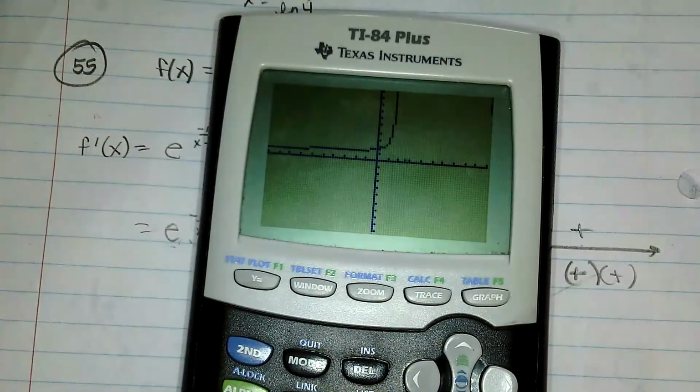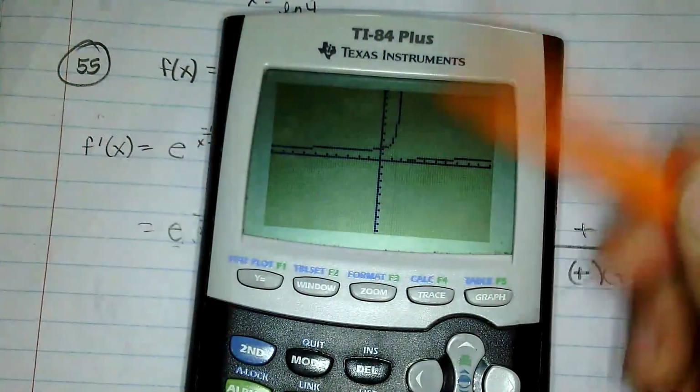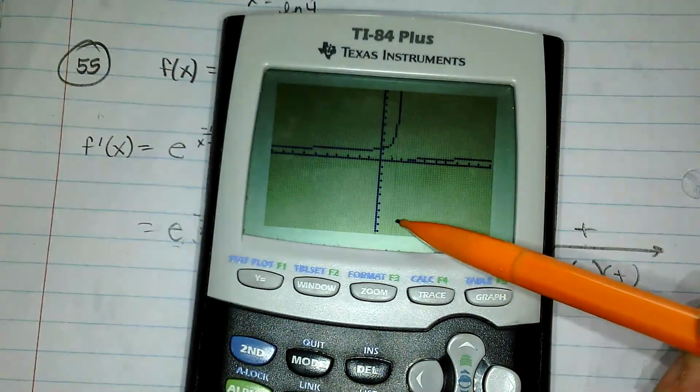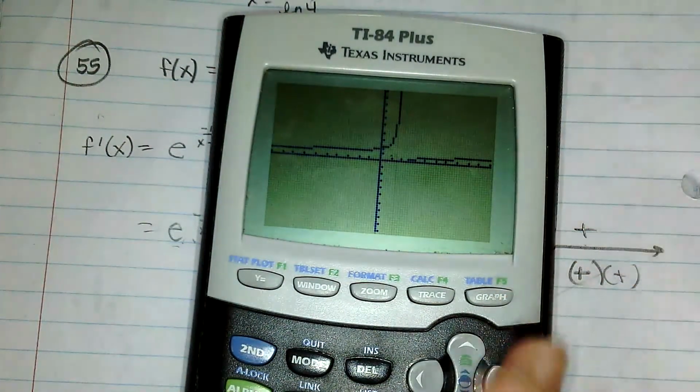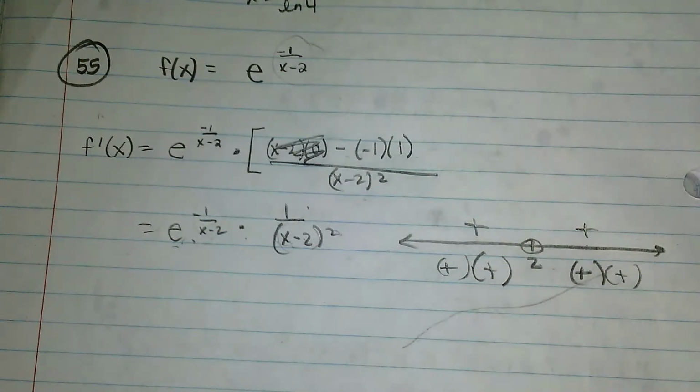So here it's increasing. Yep, and we have an asymptote, it looks like, at 2. So it's increasing, and then it jumps over this asymptote and continues to increase. So we don't have any relative mins or maxes. Let me just double check that. No critical numbers.